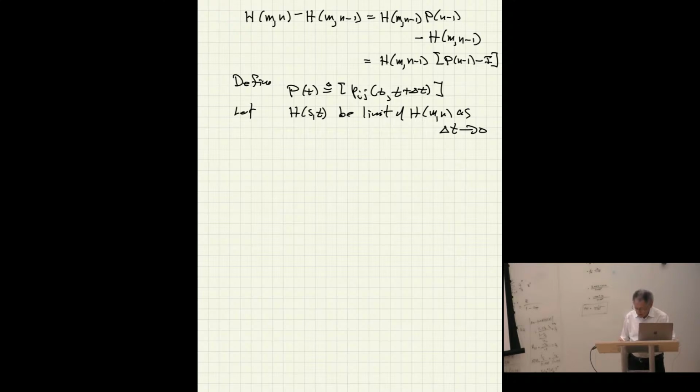So in some sense, we're going to let P of n, the time-dependent transition probability, go to P of t. If you look at the equation on top of the page right now, I'm going to want to take a difference.